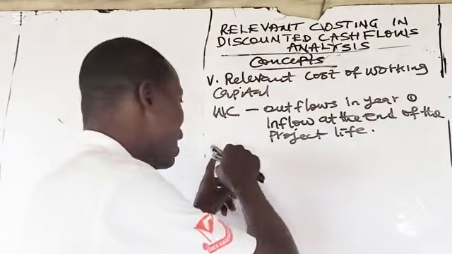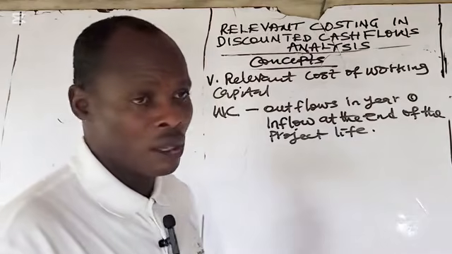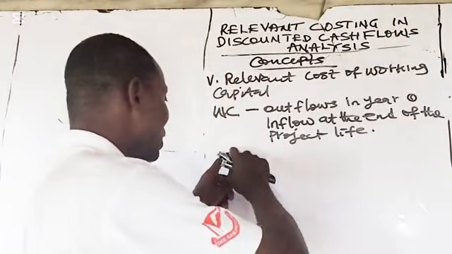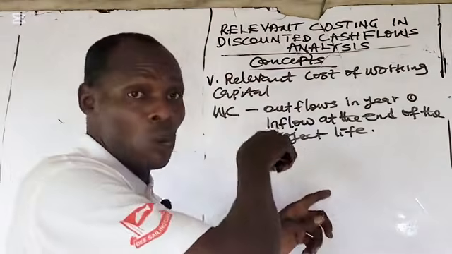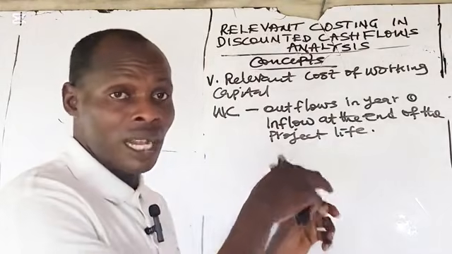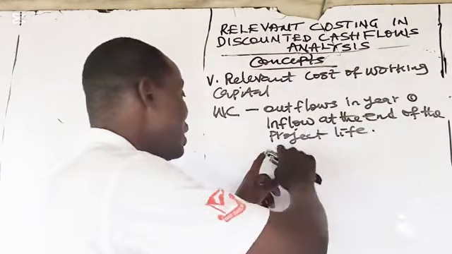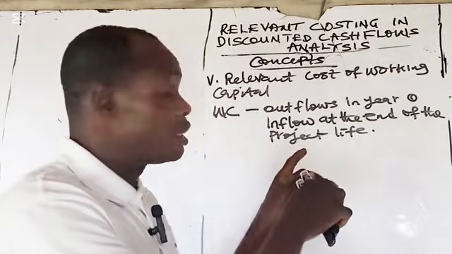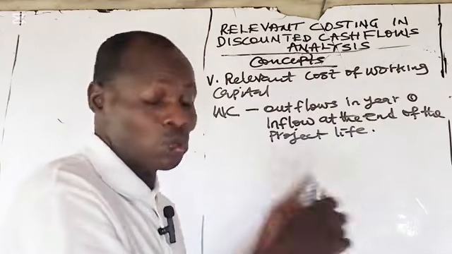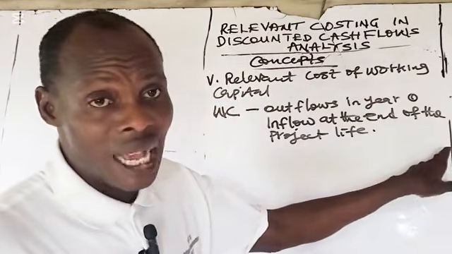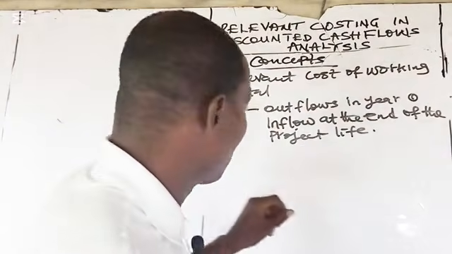So between year 1 and 2, for instance, if it increases by 20,000, then the 20,000 will be treated as an additional working capital in year 1. Between year 2 and 3, if it increases by 30,000, the increment of 30,000 again will be treated as an outflow in year 2. Then the whole of the working capital you have will be treated as an inflow at the end of the project life.